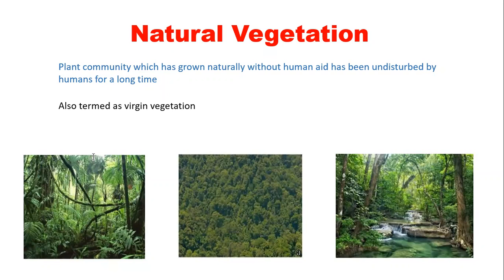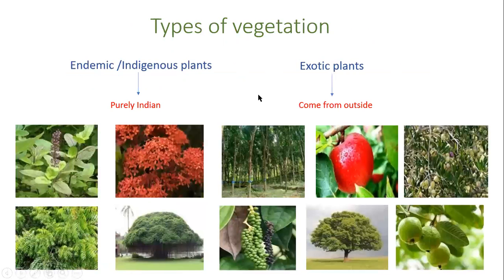It has to grow naturally, then it is natural vegetation. So the plant community that grows without human aid and has been undisturbed for a very long time is natural vegetation. This is also termed as virgin vegetation.